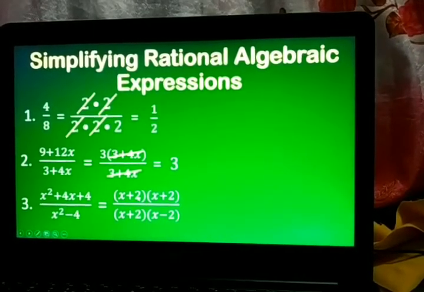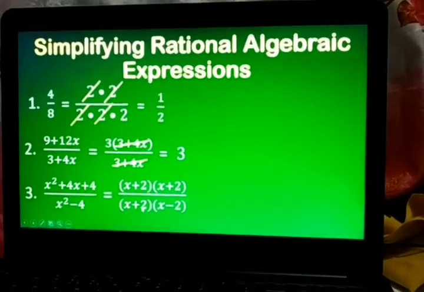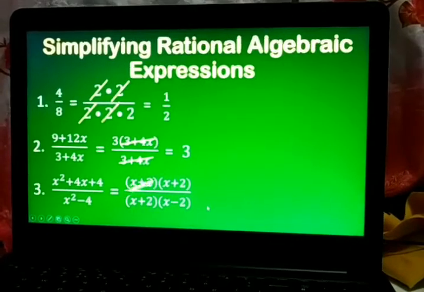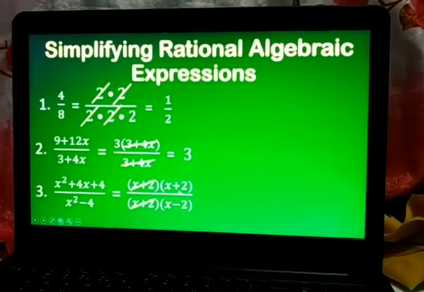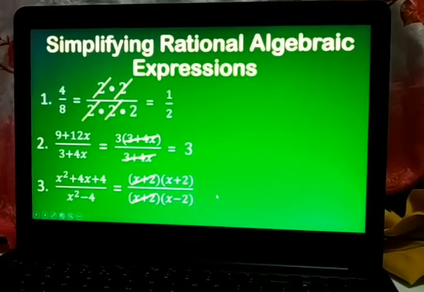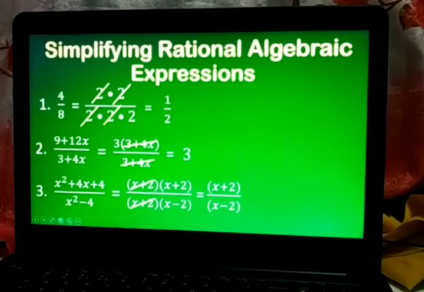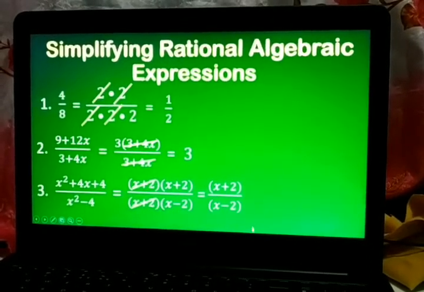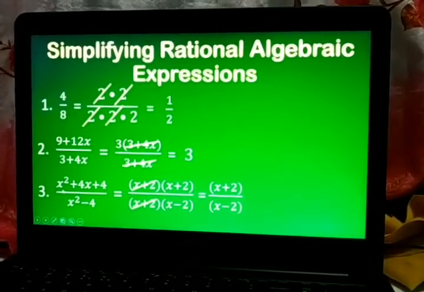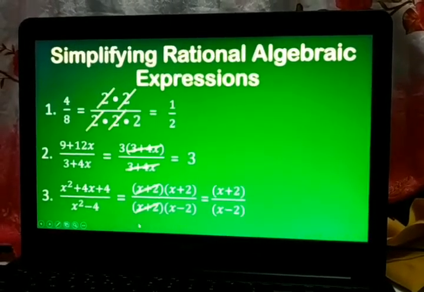There is a common factor of x plus 2 in the numerator and the denominator, so let's cancel them. And the remaining factors will be your answer. Final answer is x plus 2 over x minus 2. That's the simple form of the given x squared plus 4x plus 4 divided by x squared minus 4.